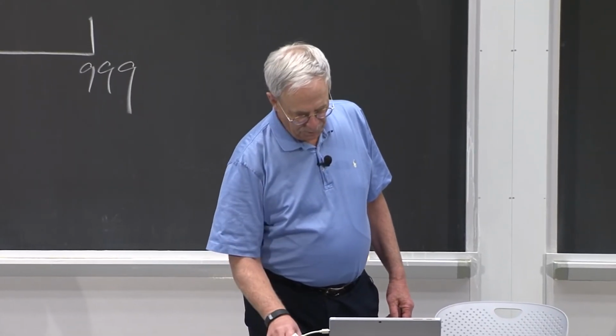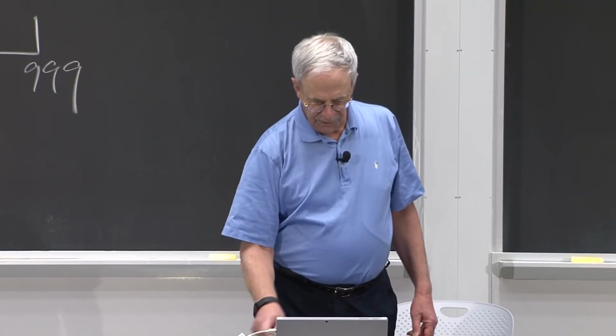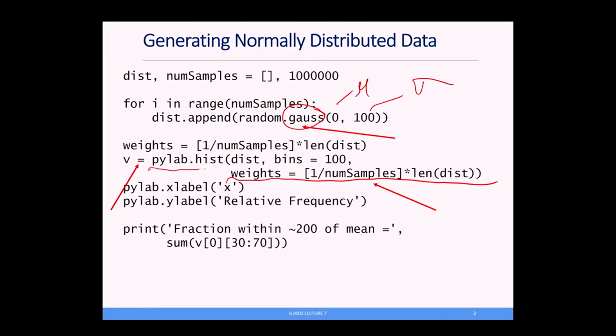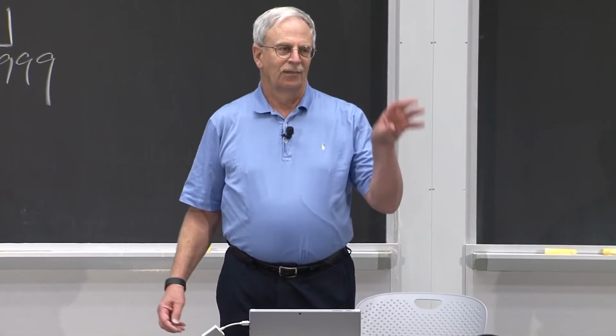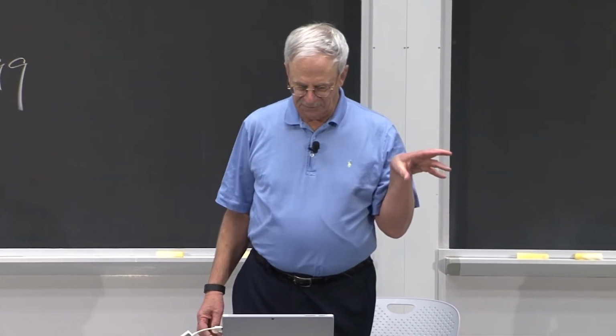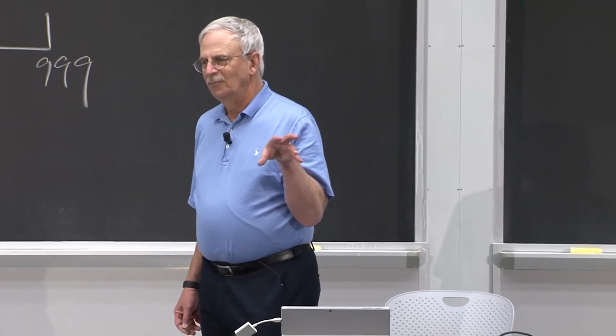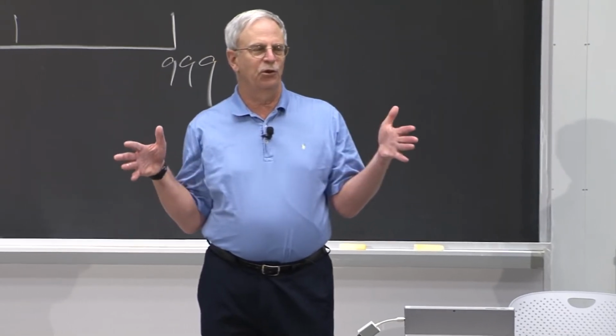The other new thing I'm doing here is the plotting commands, including pylab.hist, many of them return values. Usually I just ignore that value and we just say pylab.plot or pylab.hist. Here I am taking the value. The value in this case for a histogram is a tuple of length 2.